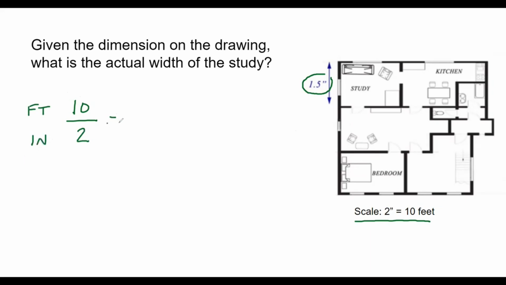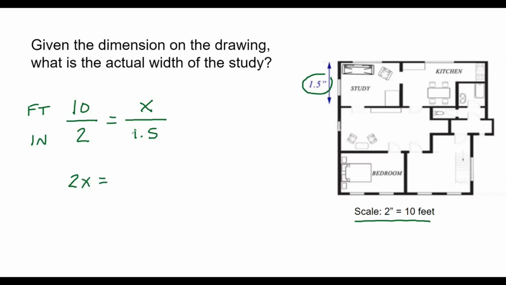Now let's set up the other side of our proportion. The reason I'm labeling the feet and the inches is that we put this 1.5 in the right place. We want to put that on the bottom of this ratio because that's where the inches go. The thing we're trying to find is up here, the number of feet that the actual study would be. Now we cross multiply. 2 times X, 2X, is equal to 10 times 1.5.